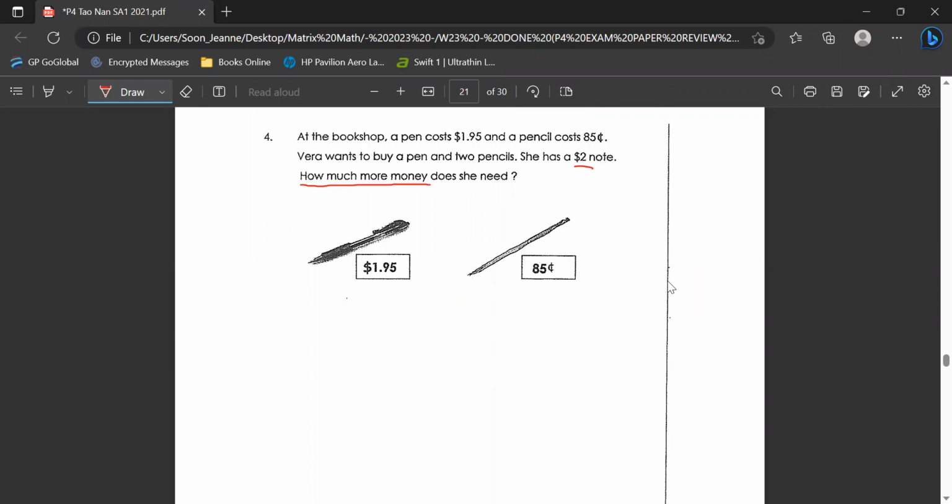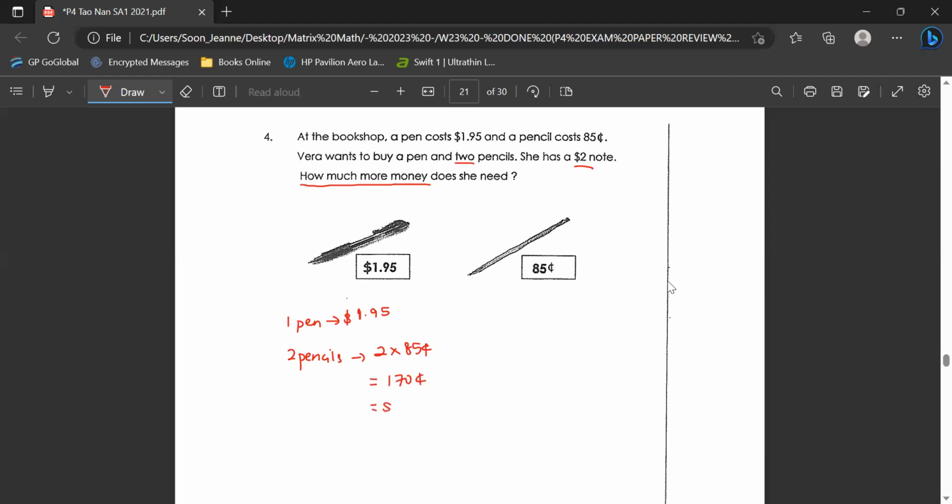So she wants to buy a pen, right? A pen means 1. It's already a cost of $1.95. But in this case, she wants to buy 2 pencils. So for 2 pencils, you need to find the cost by taking 2 times 85 cents. So 2 times 85 is actually 170 cents.